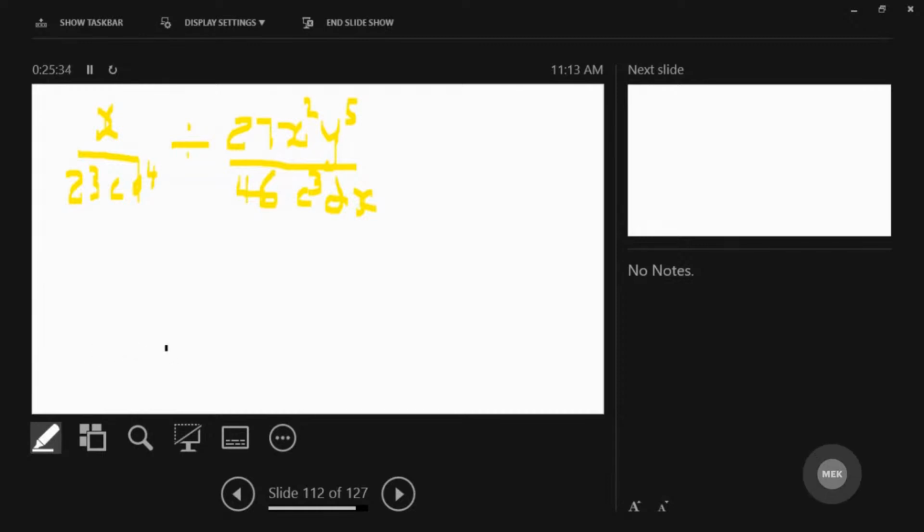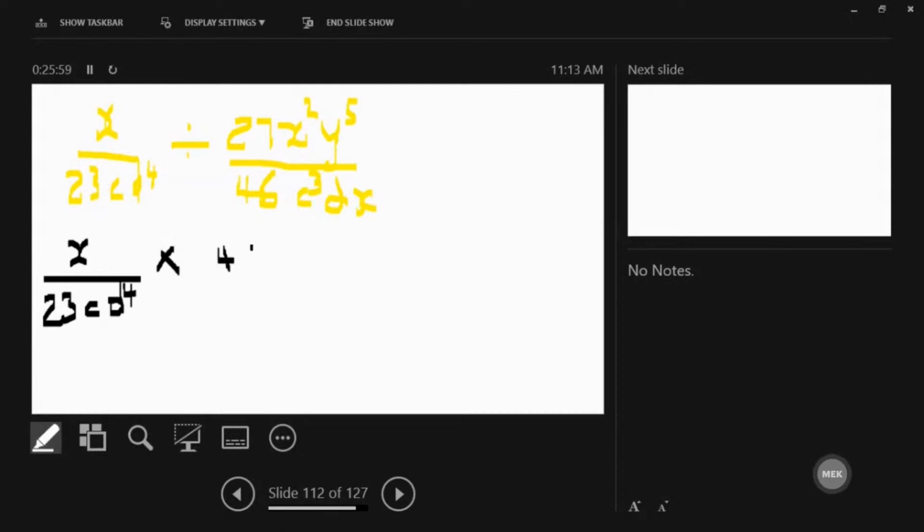So we're dividing fractions, so we need to rewrite the first fraction. So just write it back, 23cd to the fourth. We need to change the division to multiplication, and we need to invert the second fraction. So what's at the bottom will come to the top.